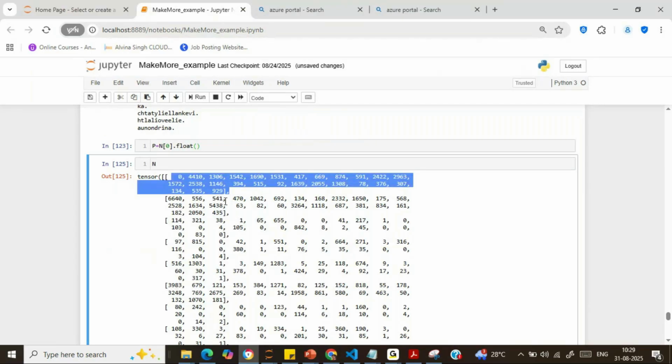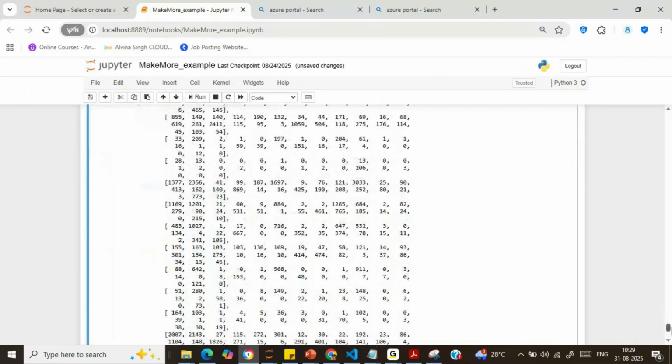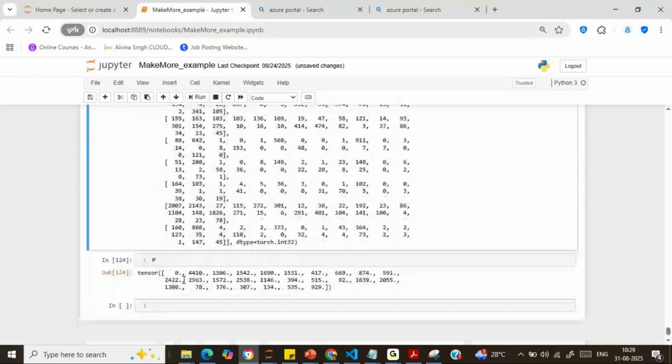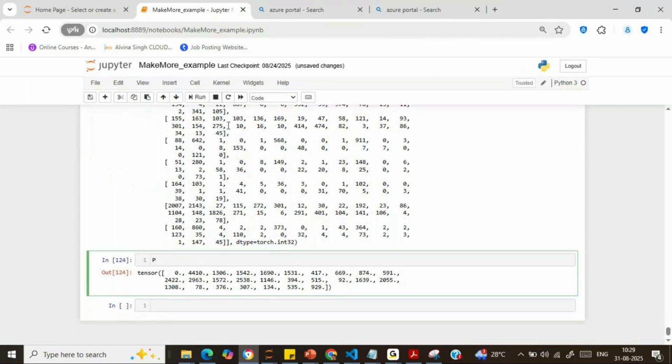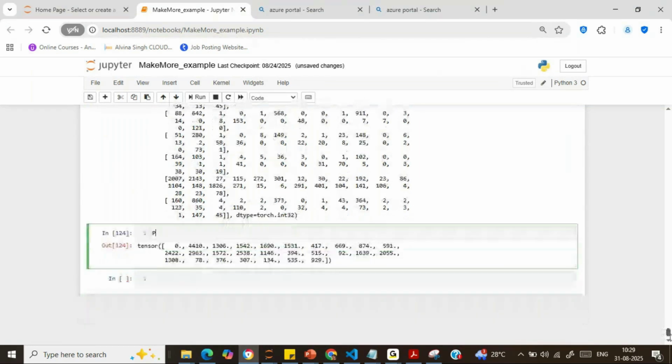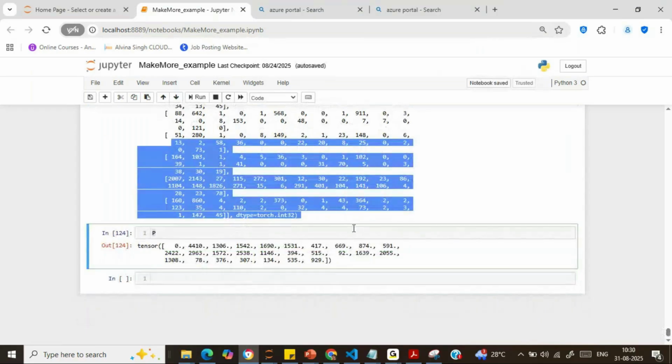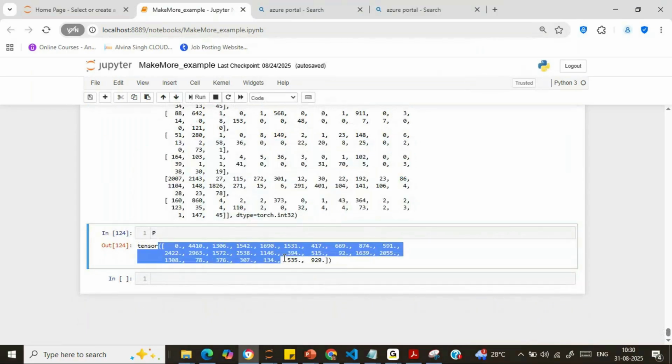In the same fashion we are having 27 columns. So we have taken the first row from this given tensor.